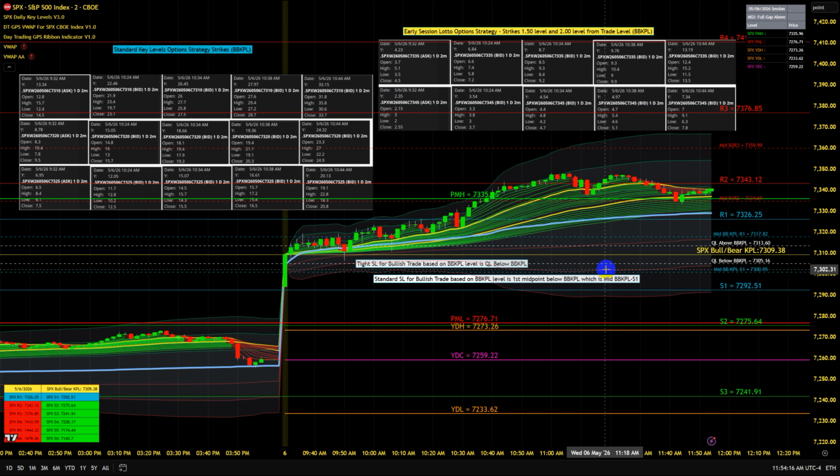It's not a TradingView bug or a TradingView problem. It's simply that the CBOE Global Indices data feed does not provide volume data.